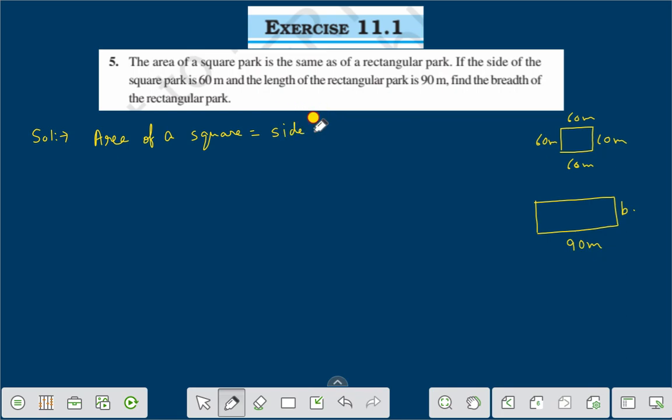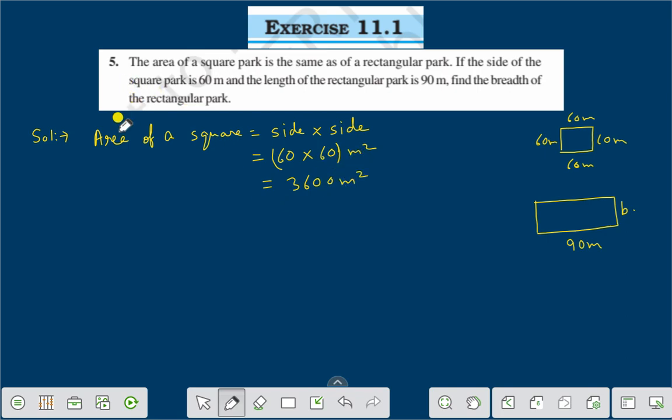And the side of the square is 60 meter, that is 60 meter into 60 meter, that is meter into meter is meter square, or we are getting 6 is 36, 3600 meter square. This is the area of the square.